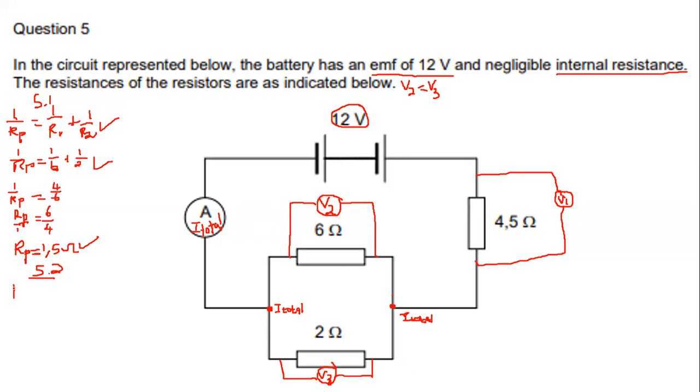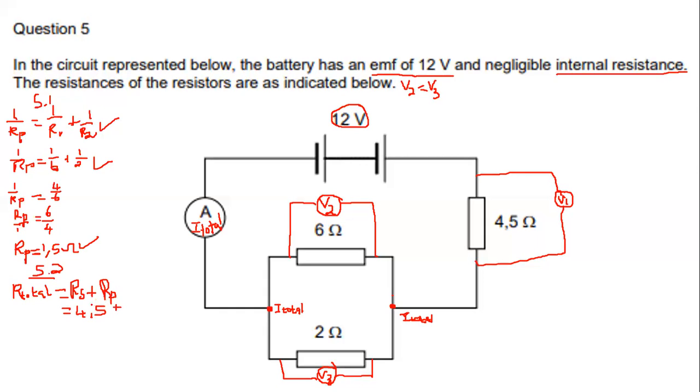And to get the total resistance, I'm going to say total resistance is made up of this resistor that is in series because it gets the total current. And it is also made up of the resistors that are in parallel. So it will be made up of parallel resistance, which is Rp. Then R series is 4,5 ohms.